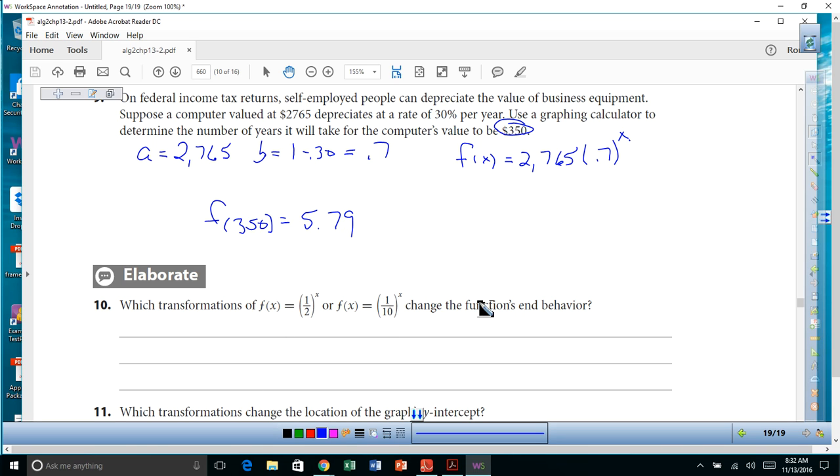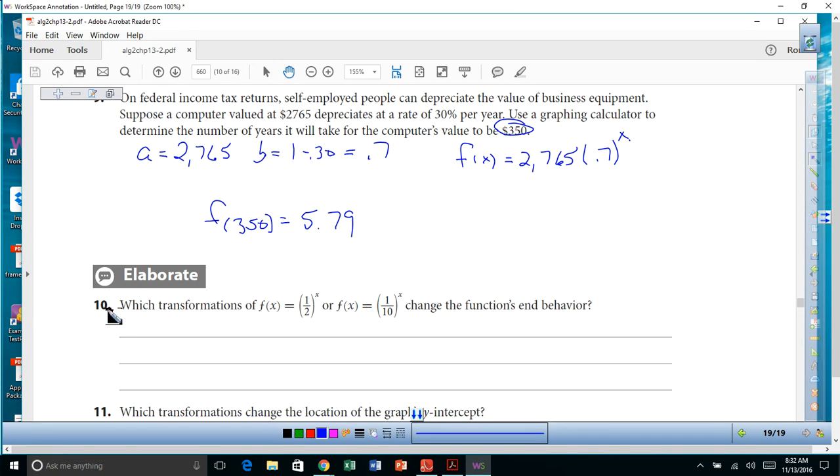Which transformation of f of x equals 1/2 to the x power, or f of x equals 1/10 to the x power, changes the function's end behavior? Well, instead of approaching 0, we can make it approach -1 or +1 or something like that.